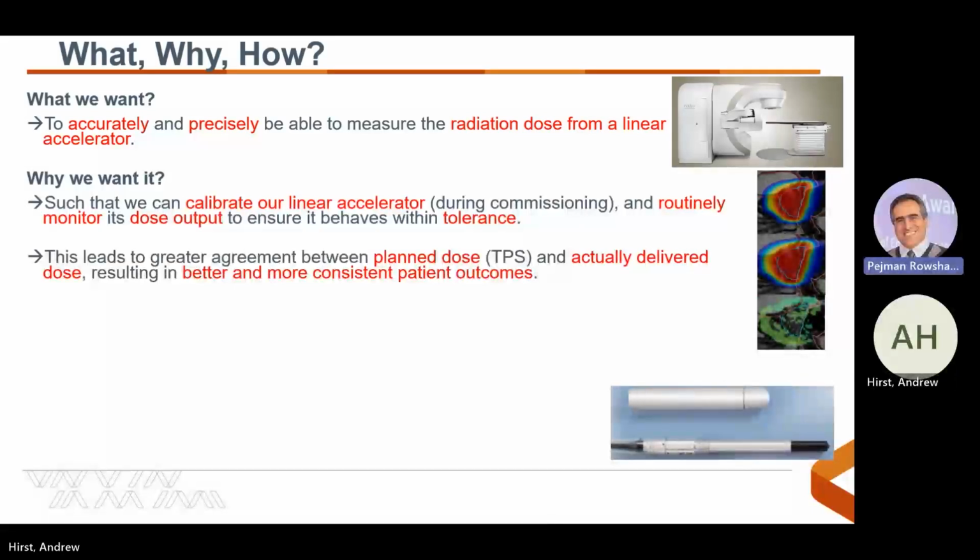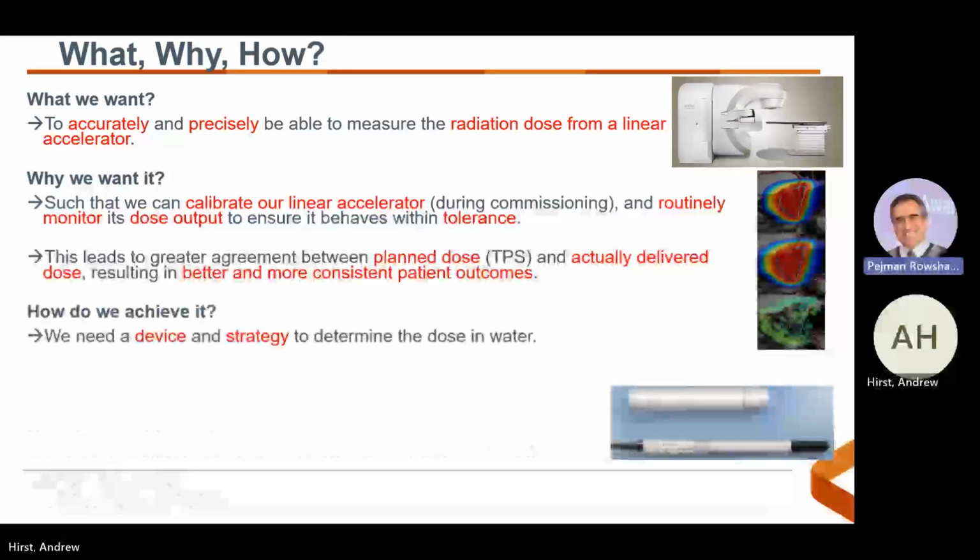And that ensures better and more consistent patient outcomes, because there's a whole literature on the radiobiology and how the amount of dose you deliver to sensitive organs, how that leads to either tissue killing, tumor killing, or sparing of your organs. So you want to make sure that your LINAC is outputting within a tight tolerance.